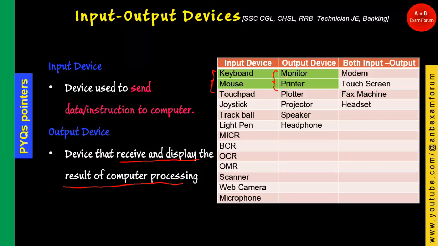It is a result of some computation. Generally, monitor output is called soft copy, because you cannot touch or feel it. Whereas if you take the printer, when you give a printout, that is hard copy, which you can touch and feel. That is the result of the computer processing.